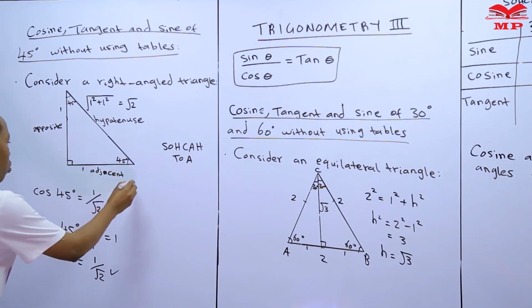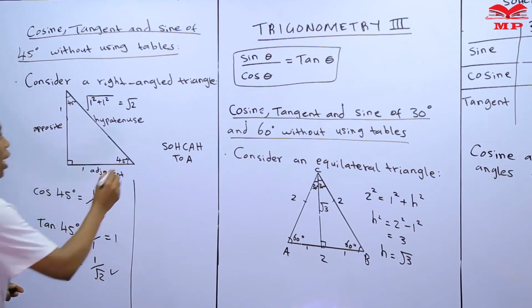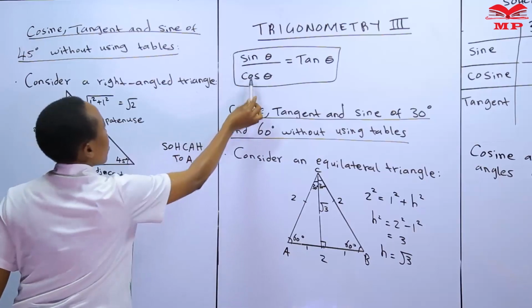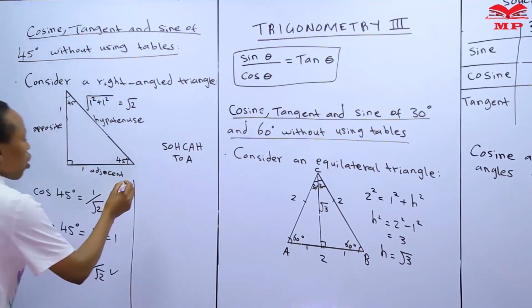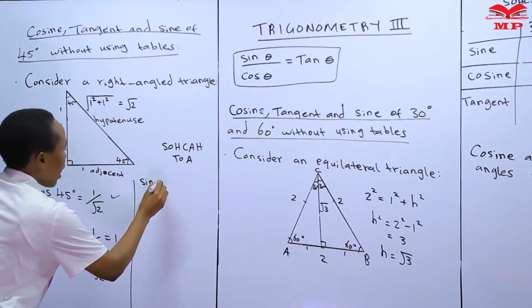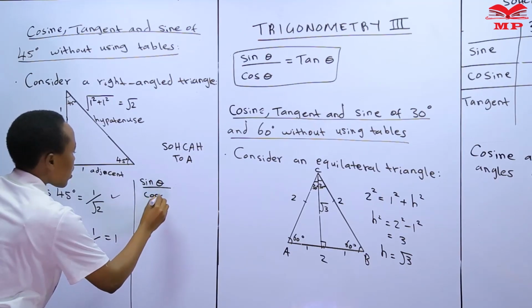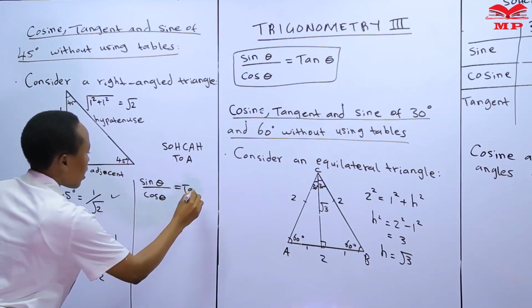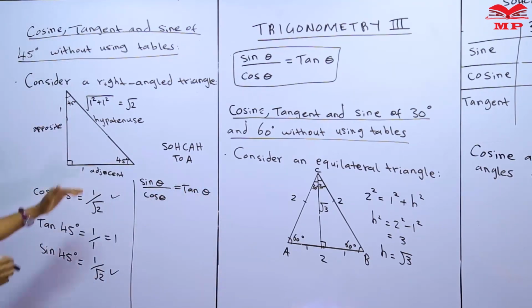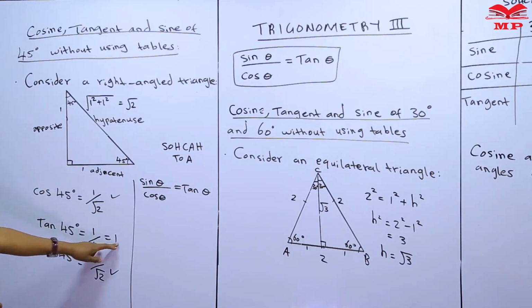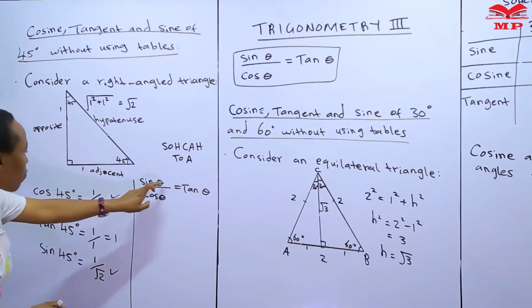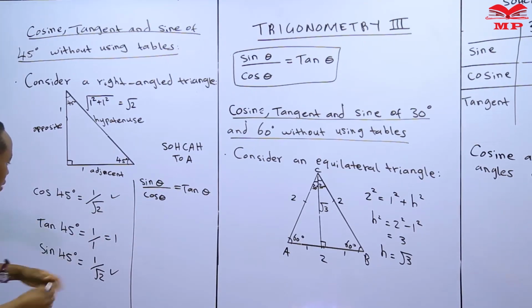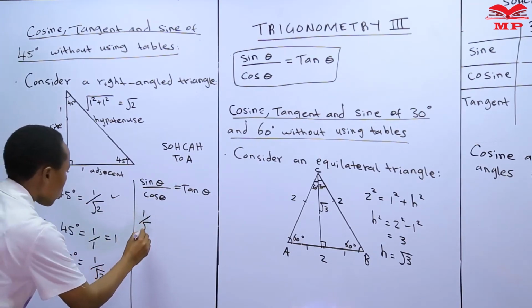Then I also want you to note clearly, we can come up with this identity also, that sine theta all over cos theta is equal to tan theta. We can prove it even from this and see whether we are going to get 1. In our case here, sine 45 is 1 over root 2.